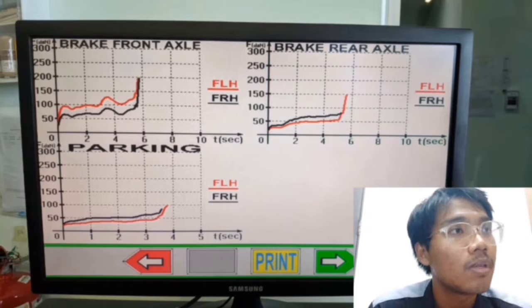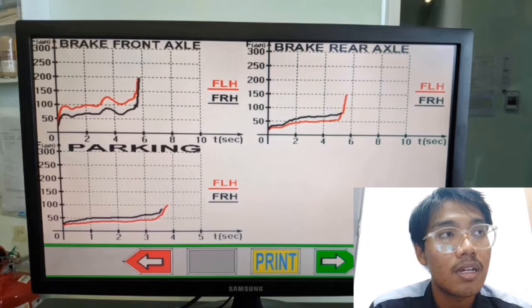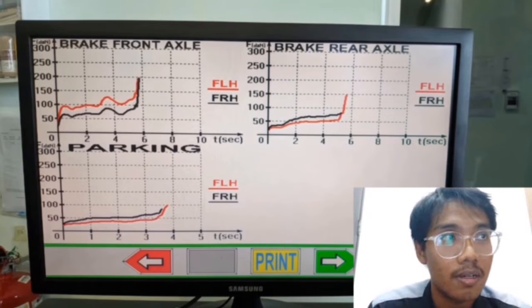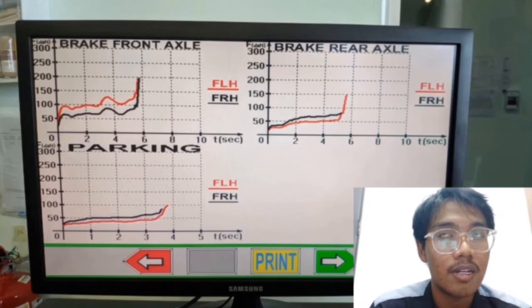As we look at the pattern of the graph, we can see that there is not much difference. So we can conclude that the rear, and the right and left sides, have the same amount of force applied.